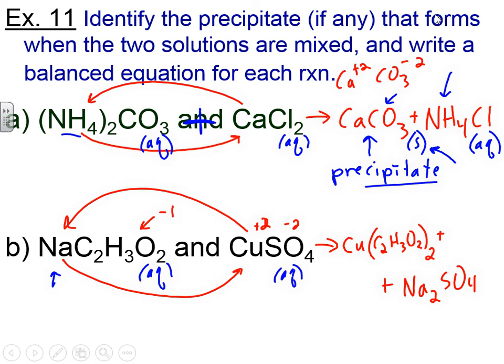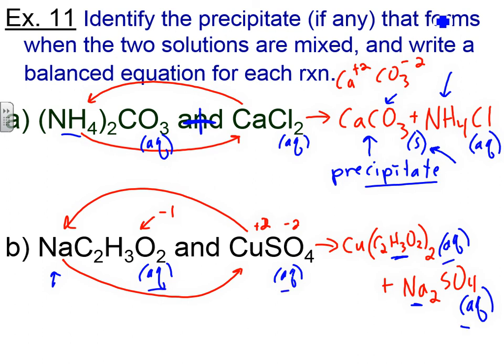And we'll do the same thing we just did up there, asking ourselves, are these soluble? So if you take a look, here we have an acetate that's always soluble, no exception, so we'll put a little AQ on it. Here we have a sodium, which based on the rules is always soluble, no exception. This is also aqueous. What you've seen is we began with 2 aqueous, we ended up with 2 aqueous. What we have here is actually no reaction.